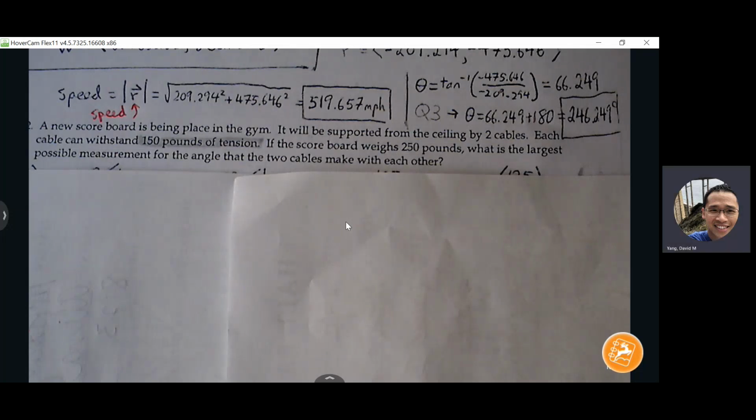Each cable can withstand 150 pounds of tension. If the scoreboard weighs 250 pounds, what's the largest possible measurement for the angle the 2 cables can make with each other?